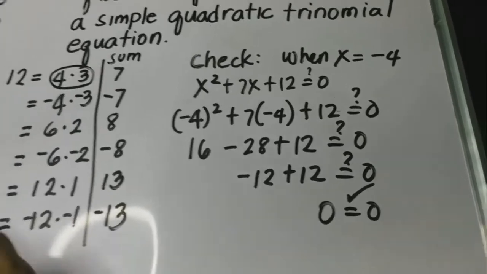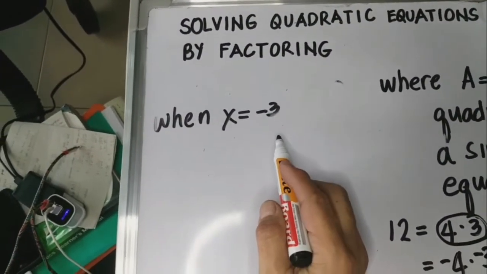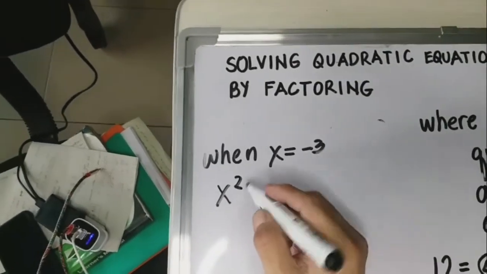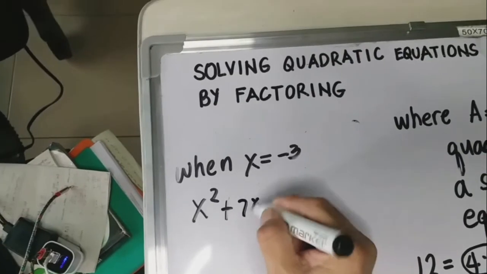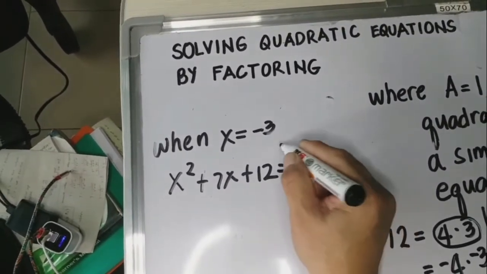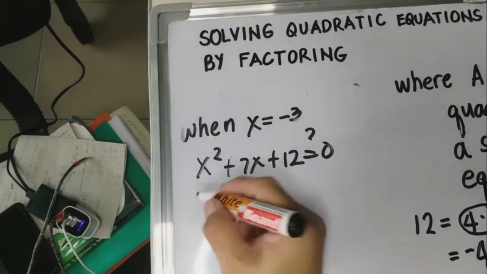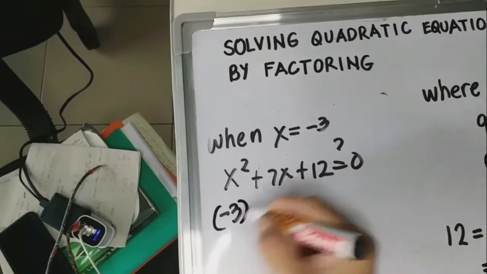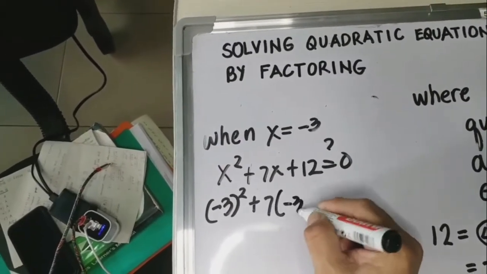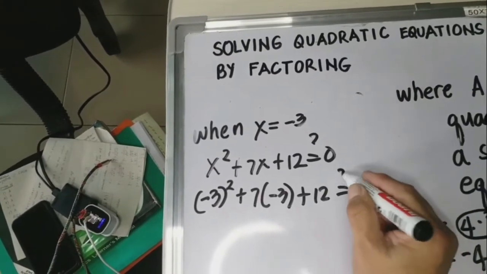How about when x is negative 3? Substituting to the equation, x squared plus 7x plus 12 equals 0. Then negative 3 squared plus 7 times negative 3 plus 12 equals 0.